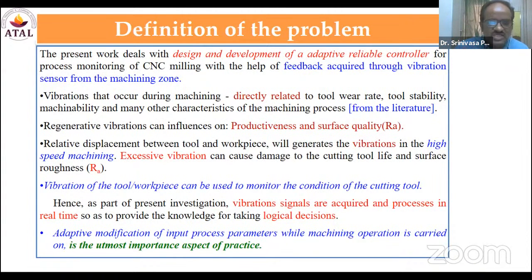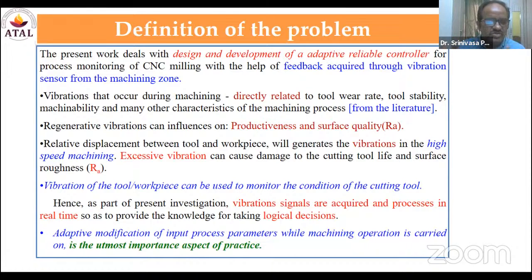As it is high-speed machining and the quality of the machining is very important, because it is focused on the surface roughness parameter, I need to give close acceptable limits with respect to surface roughness and vibrations. So I have considered surface roughness and flank wear as the judging parameters, one with respect to the workpiece, one with respect to the cutting tool.